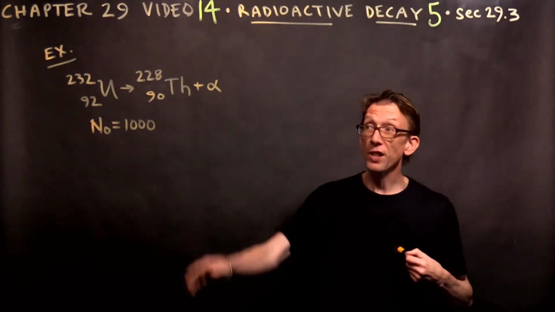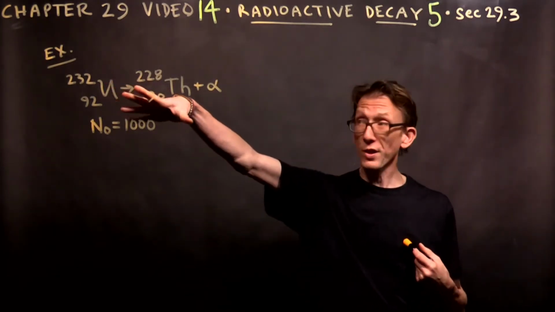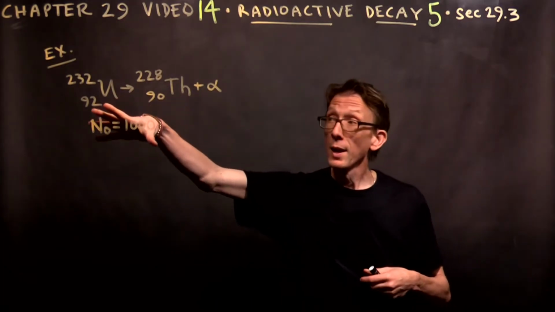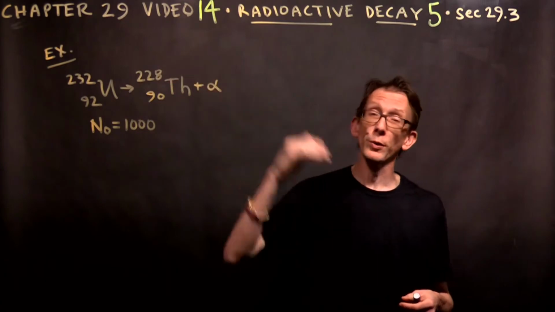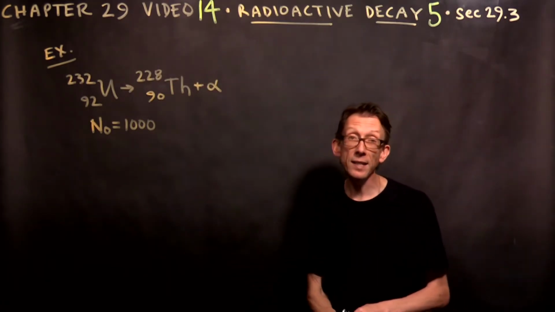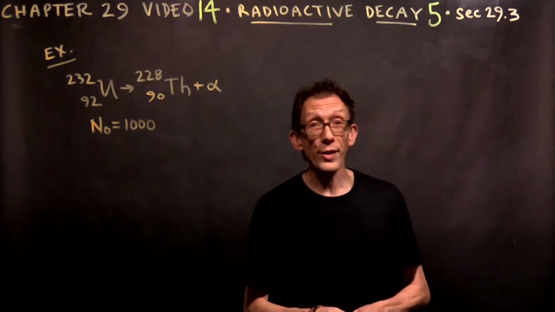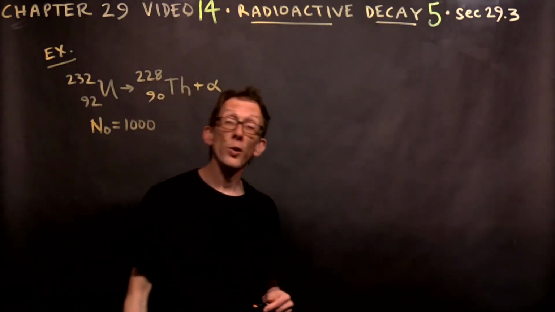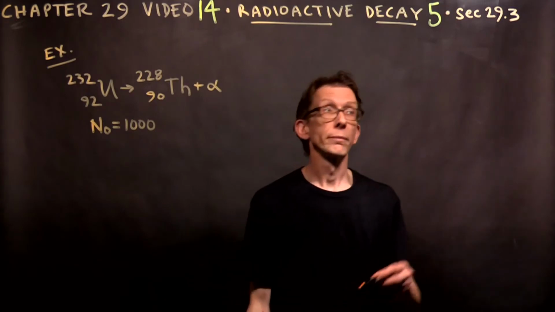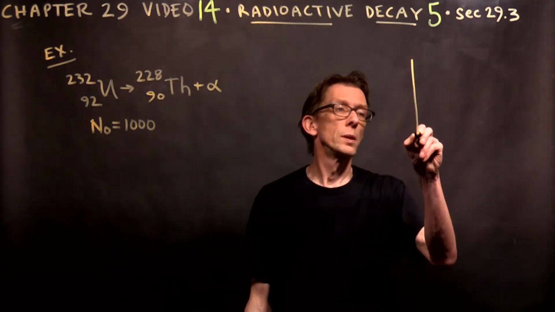Now this is not 238 or 235. This is a new uranium nucleus, and it's unstable. It's going to decay by alpha decay into thorium-228. And let's say that we have a box of 1,000 of them. Let me draw a picture here.